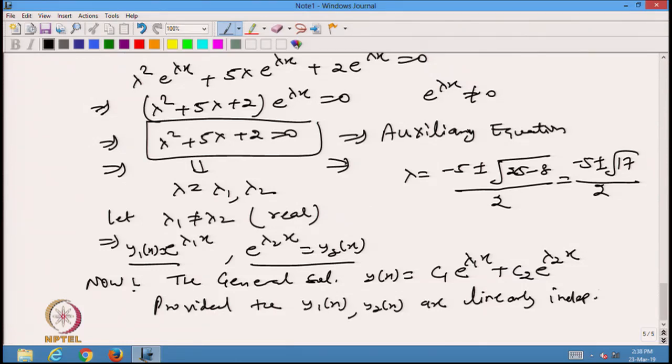So what is linear independence in a differential equation? That condition is there: my solutions y1(x) and y2(x) should be linearly independent. Let us introduce the concept.